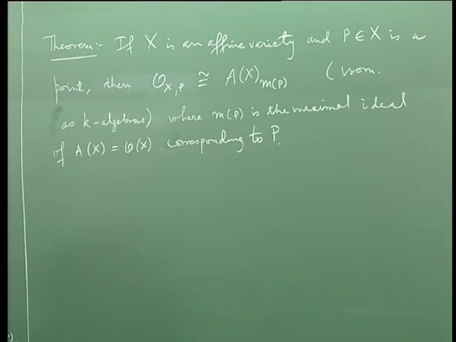So here is the formula for the local ring at a point of an affine variety.